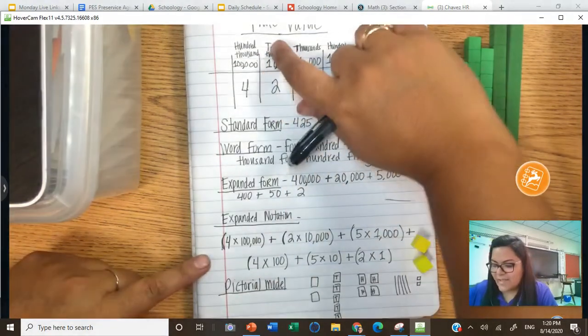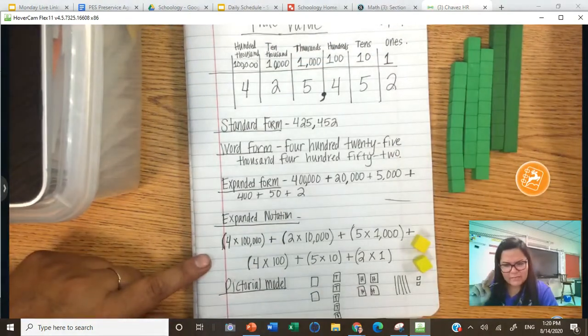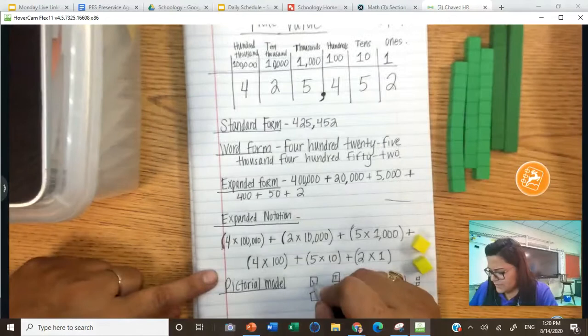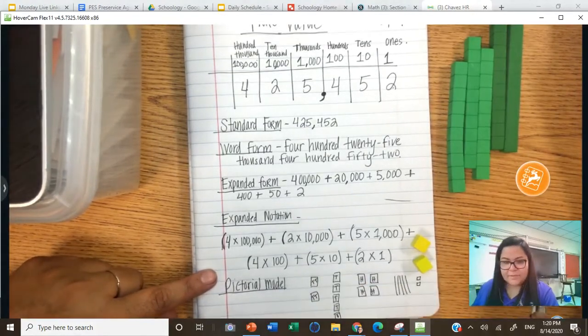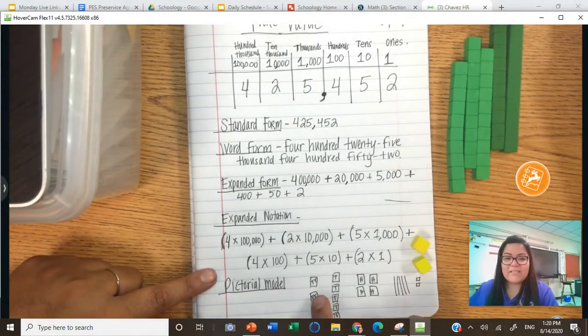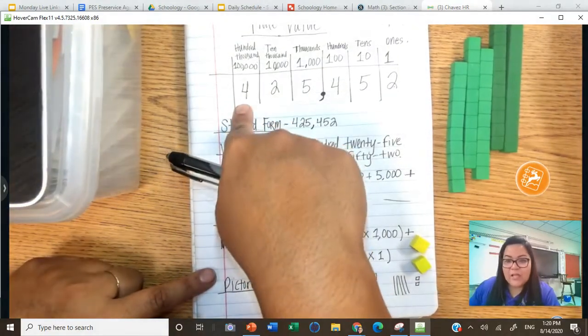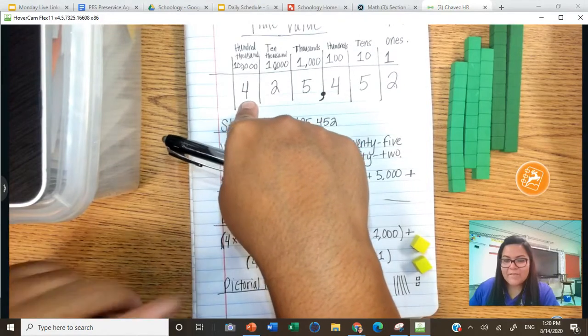Oh, I see that 10 starts with the T and 1,000 starts with the T. So can we put double T? Of course. So T, T. Okay. That's how we're going to know. So we know that these are hundreds, thousands, 10,000s.